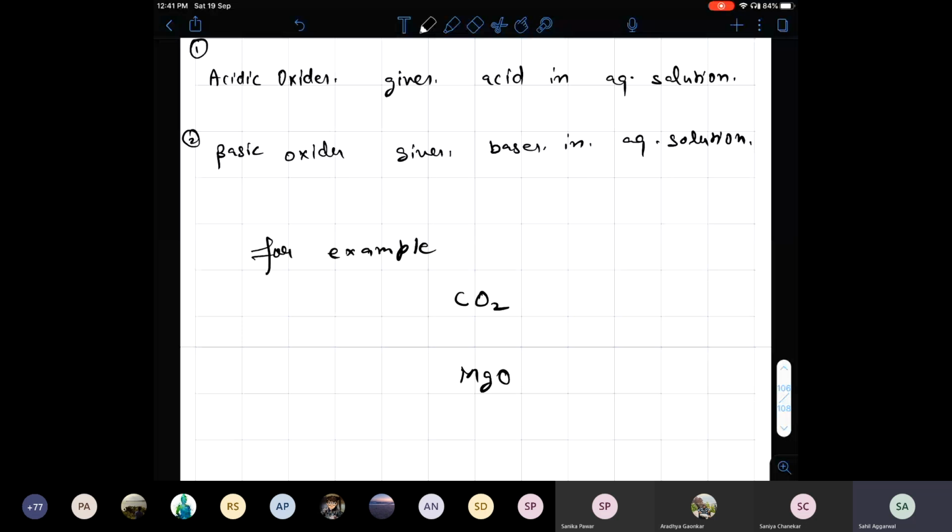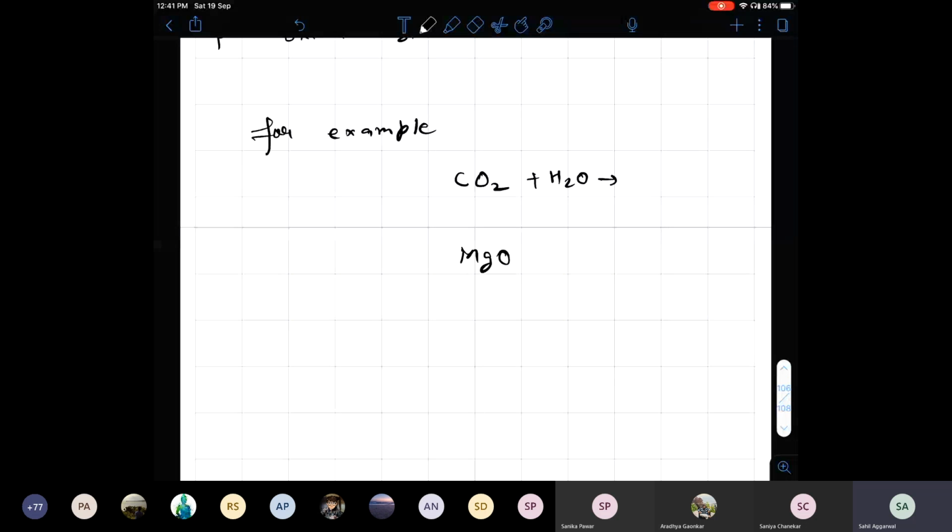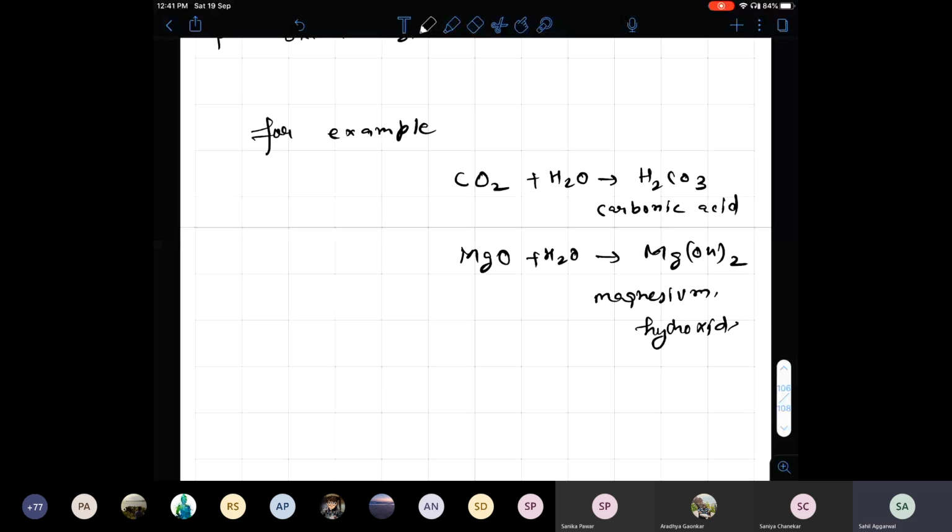So if we add water to it, it will form H2CO3, carbonic acid, and if we add water to it, it will form magnesium hydroxide. Okay, very good, Sanika.